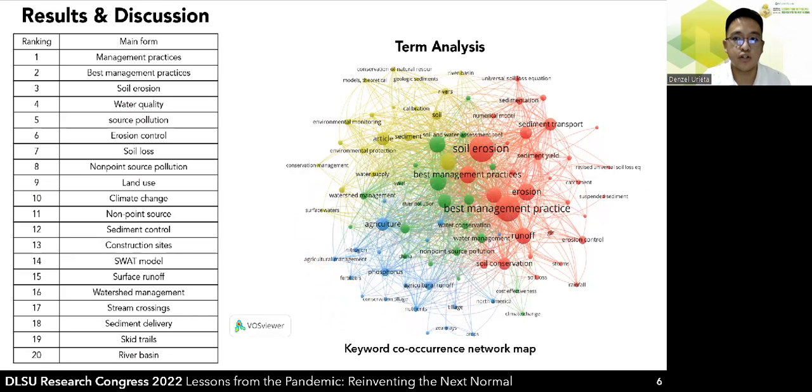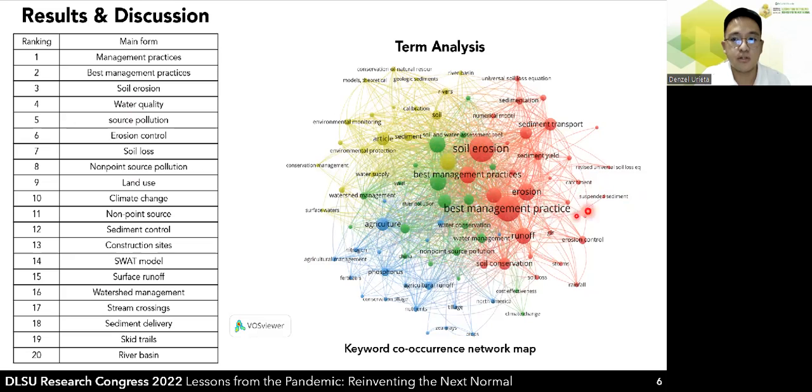And lastly, another cluster refers to the tools and models when conducting a study on BMPs against soil erosion. Specific terms that we have in here include the Universal Soil Loss Equation, or USLE, and Soil and Water Assessment Tool, as shown in here.